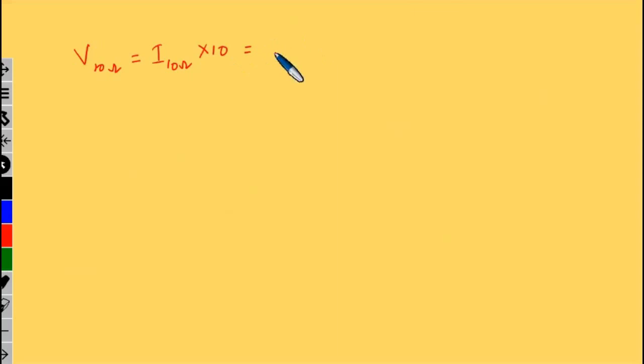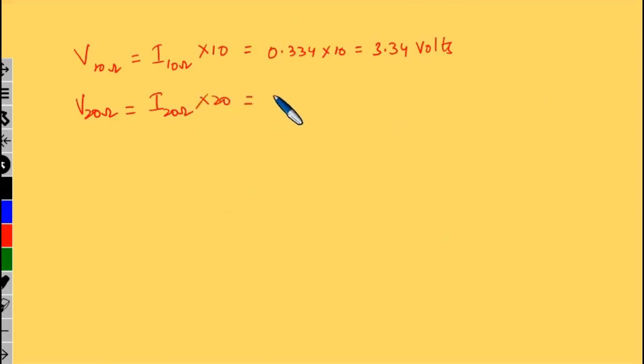So 0.334 into 10 equals 3.34 volts. Similarly, V20 ohm equals the current flowing through the 20 ohm resistor into its value, so 0.142 into 20, which equals 2.84 volts.